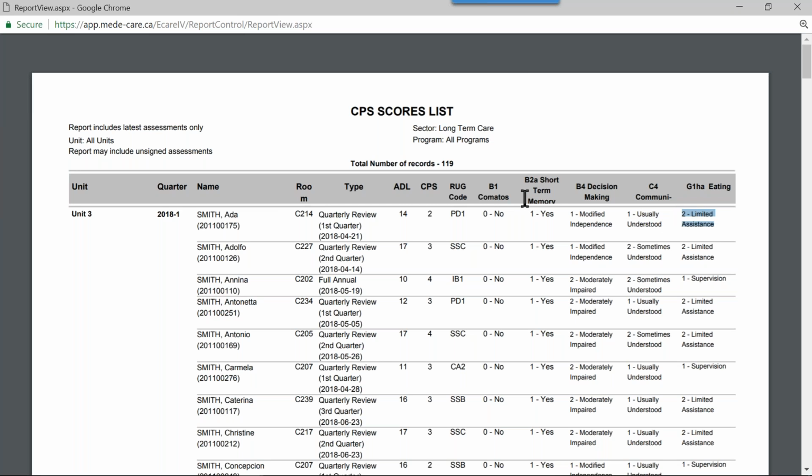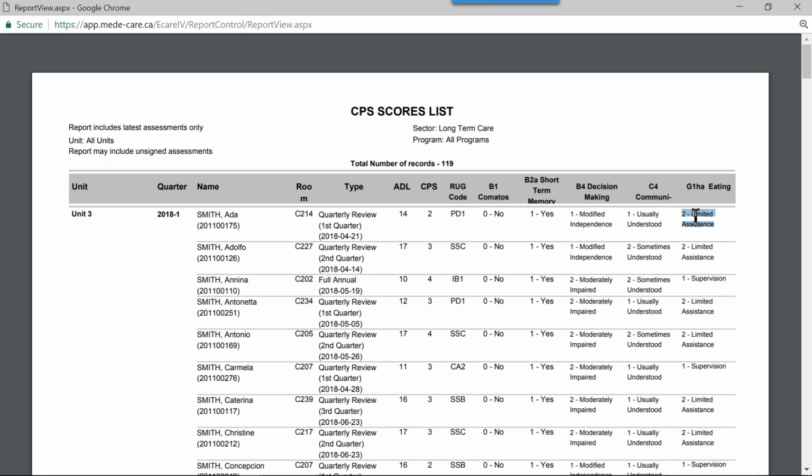Now, why do I bring up these scores? The short-term memory, decision-making, communication, eating, and coma. Why am I bringing them up? Because those are the 5 measures that make up the CPS scale. And this helps you to understand that if a person has a CPS score, then which of the 5 factors are really kiting that up?